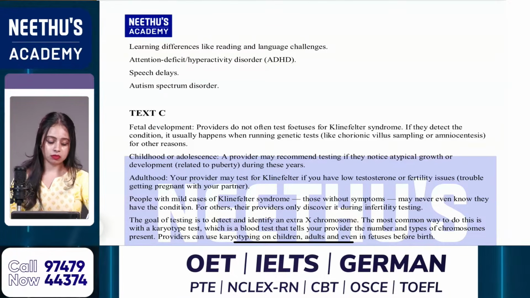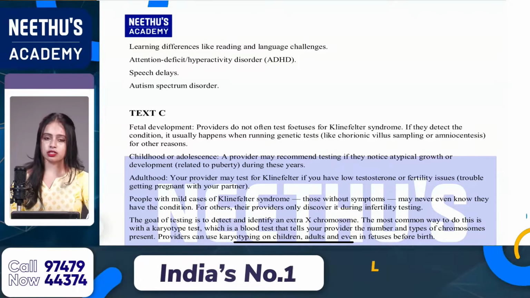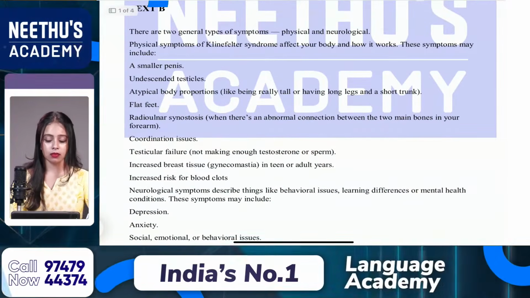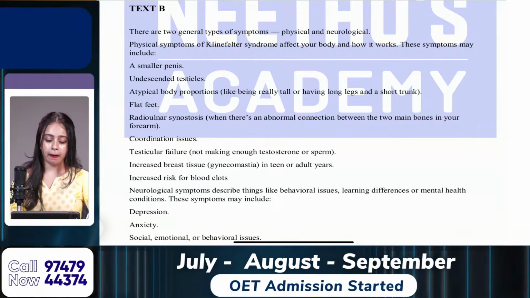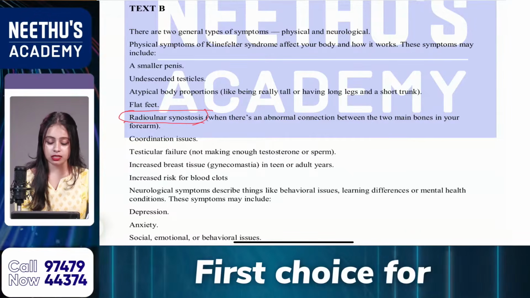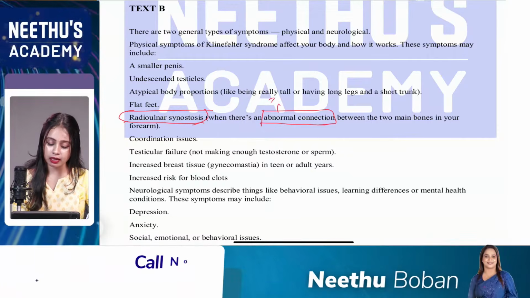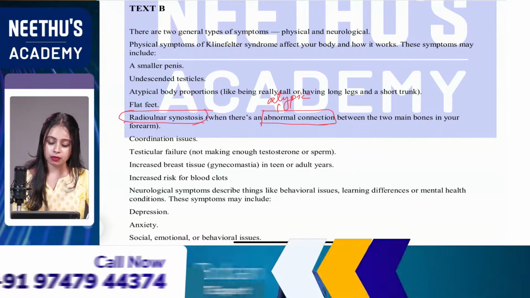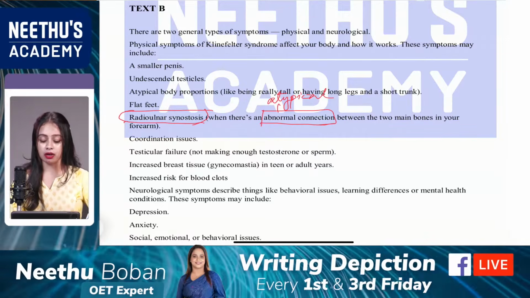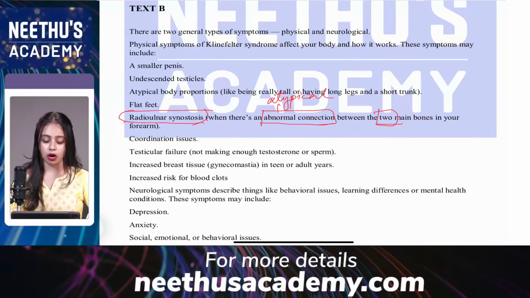Anu, very good. The answer is radio-ulnar synostosis. It is from text B. When there is an abnormal connection: abnormal indicates atypical from the question, connection is the relatedness mentioned there, between 2, that is another keyword, bones in your forearm.